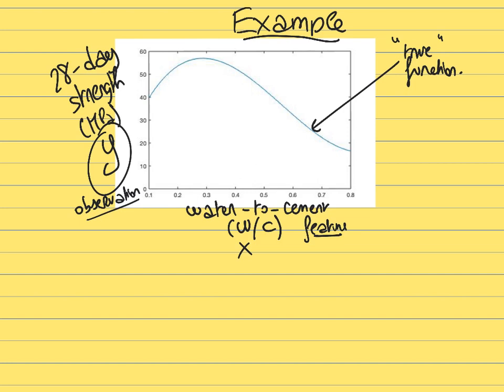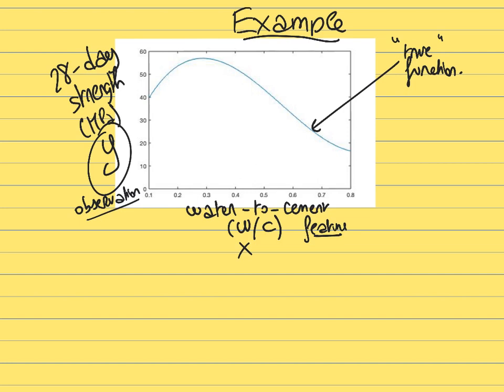Most of the time when you're trying to predict something governed by science, there should be a true function behind it. When you have certain types of causes, those causes are going to result in a given effect. And if the relationship between the cause and the effect is governed by some physical or chemical laws, then in theory you should have a function that relates the cause to the effect.